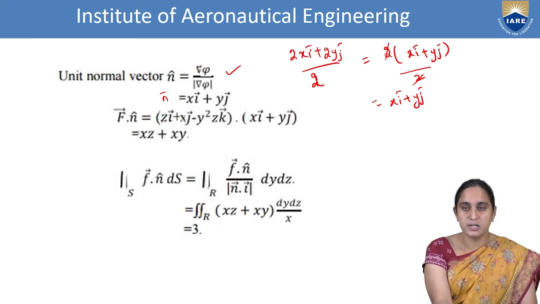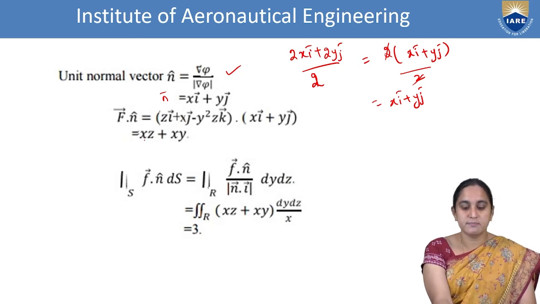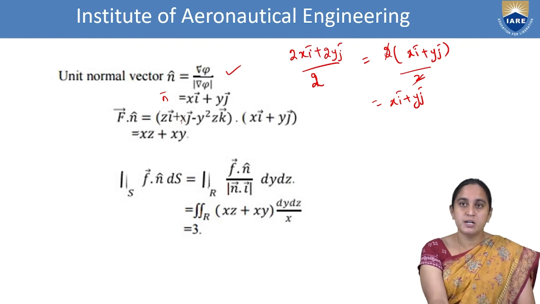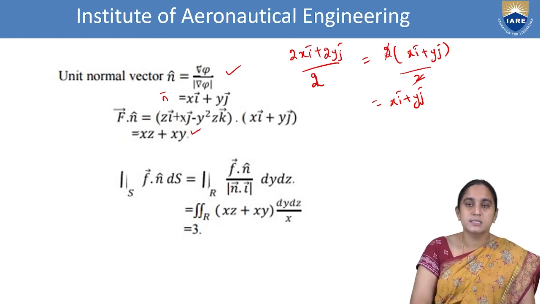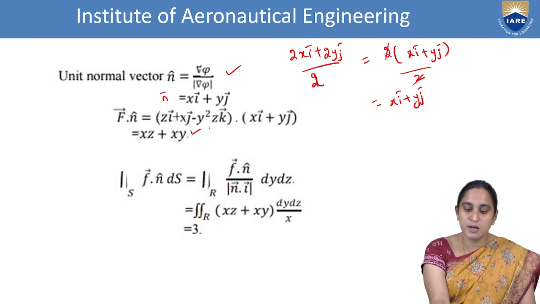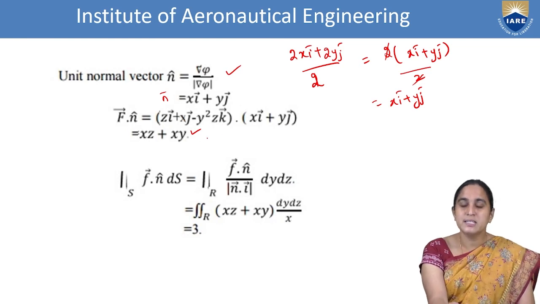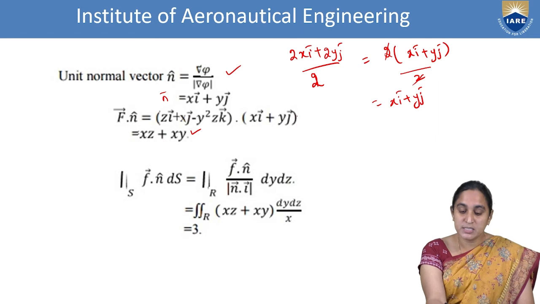Here i bar coefficient is z and there i bar coefficient is x, multiply both, that is xz, plus j bar coefficient x and j bar coefficient y, that is xy. So xz plus xy. Observe that for the first vector the k bar coefficient is minus y square into z, but from the second vector, what about the k bar coefficient?